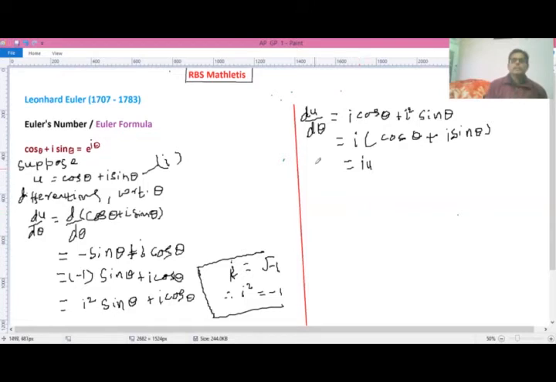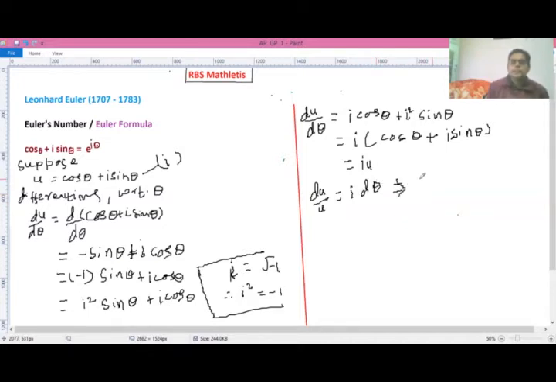Now let's take the like terms together. That means we take u with du, so when you cross multiply to the other side, du over u equals i, and then you cross multiply d theta to the right side. And after that let's integrate this function.